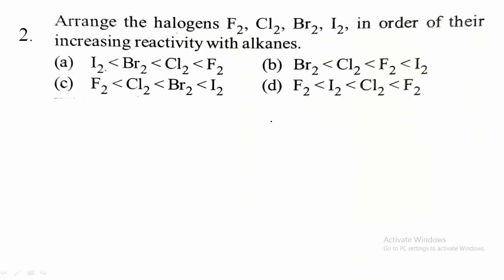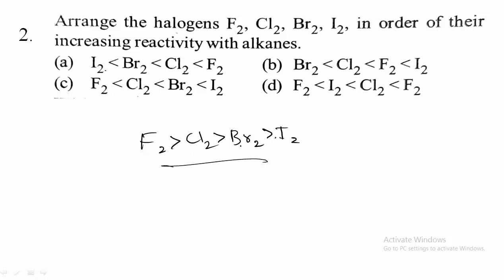So second one, arrange the halogens fluorine, chlorine, bromine, iodine in order of their increasing reactivity with alkanes. So as you already know, the fluorine is more reactive, okay, and chlorine is less reactive than fluorine, or chlorine is more reactive than bromine, and bromine is more reactive than iodine.